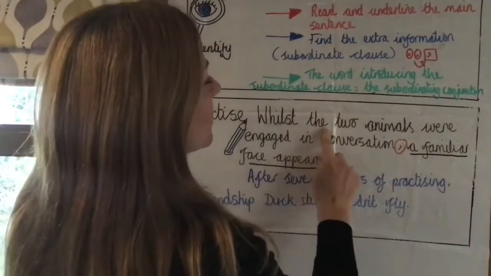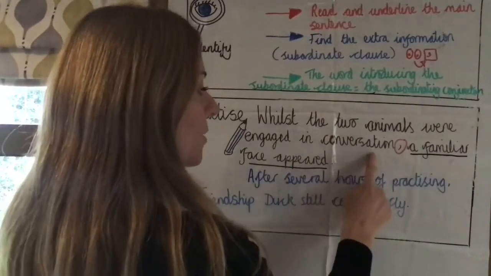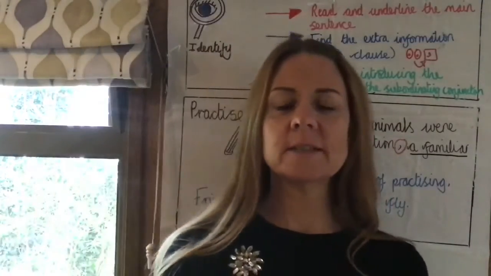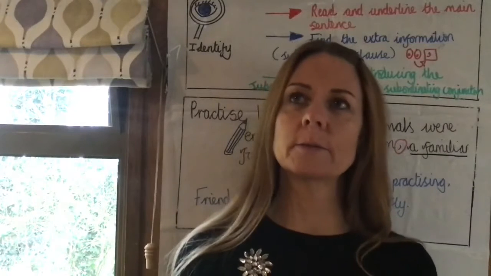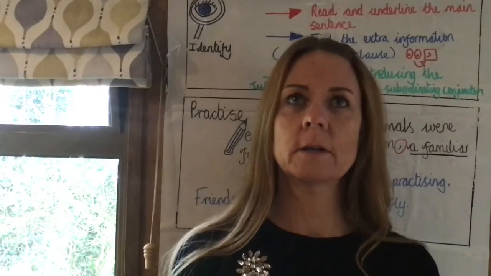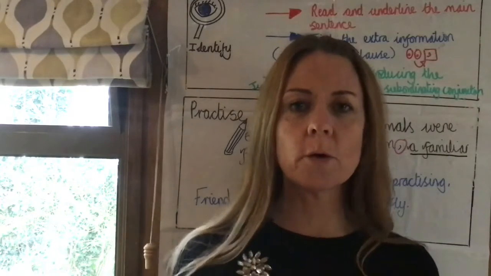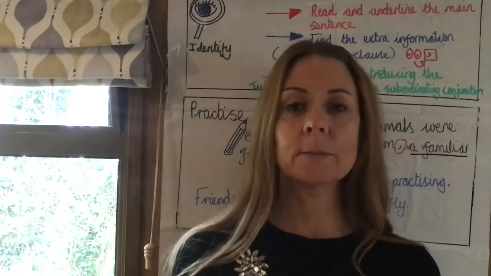Look, whilst the two animals were engaged in conversation. I know that because if I said that by itself, whilst the two animals were engaged in conversation, it would make no sense without some more information coming after that. Do you see?